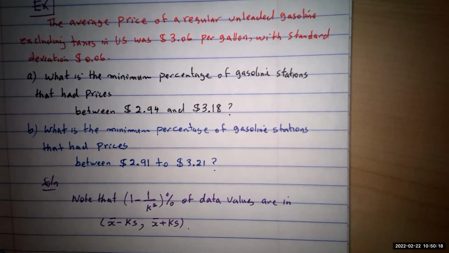Within K standard deviations from the center. Now for each case, just bring the given interval, let it be equal to the one that we have here, and solve for K.